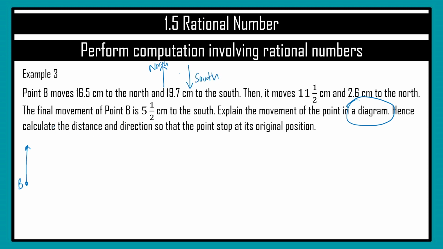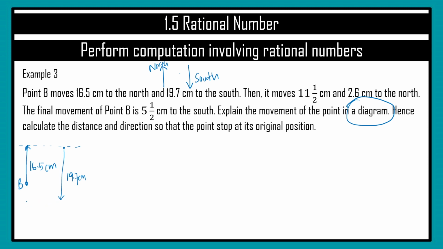So it says 16.5 centimeter towards the north, and then from there I'm going to move it here, assuming that this is a parallel line, it's going to move 19.7 centimeter to the south.